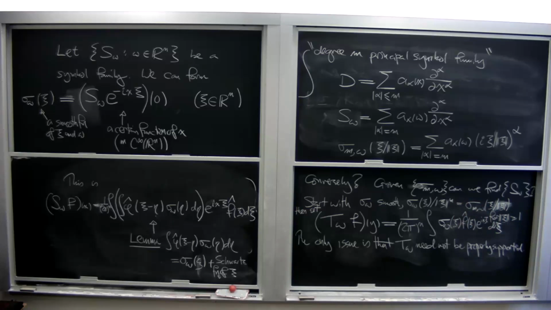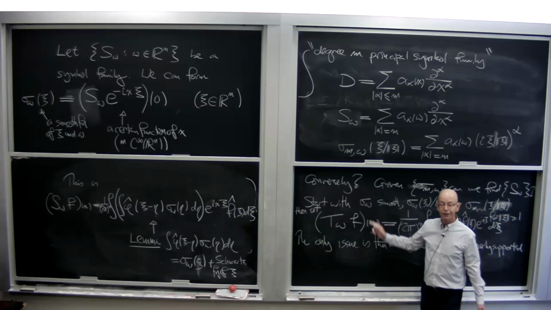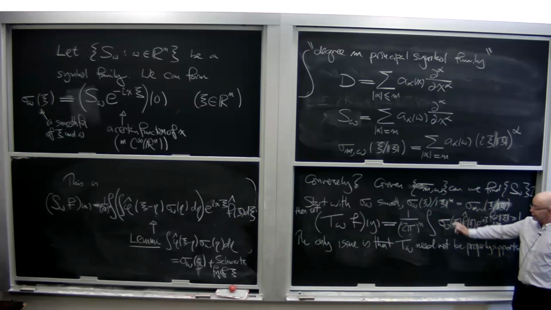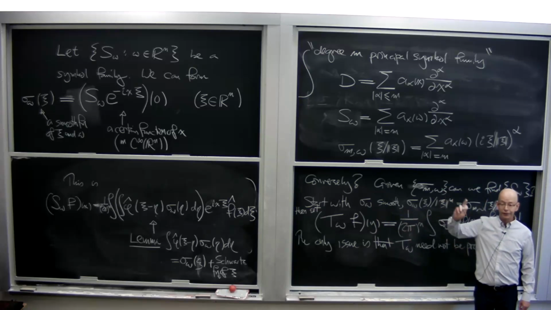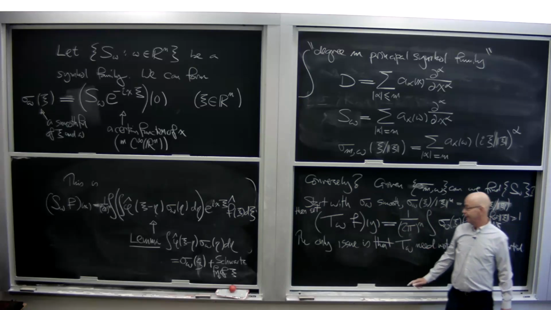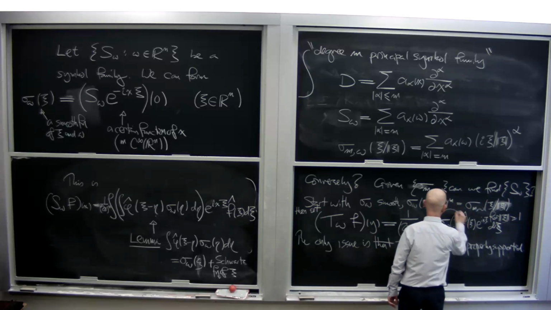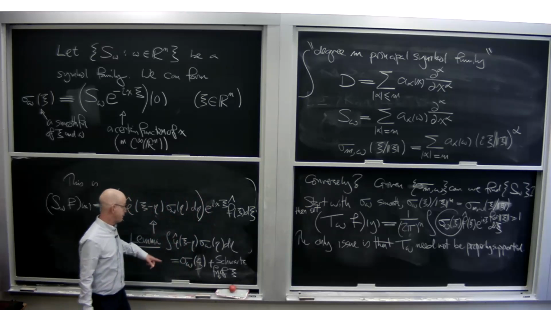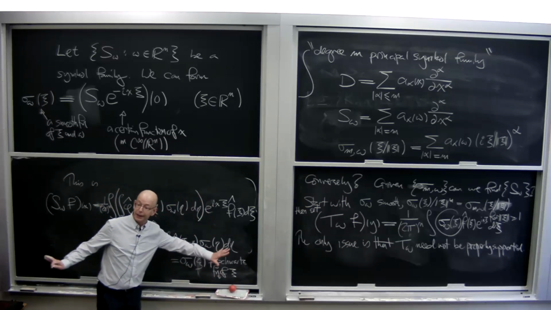So if you have a degree m principal symbol sigma_m, you can make, it's not unique, but you can make some sigma out of it, in such a way that the previous relation holds. And then from that sigma, you can build an operator T, not quite good enough usually because T will not be properly supported. What you have to do is just change sigma by some other Schwartz function, and then everything is fine.